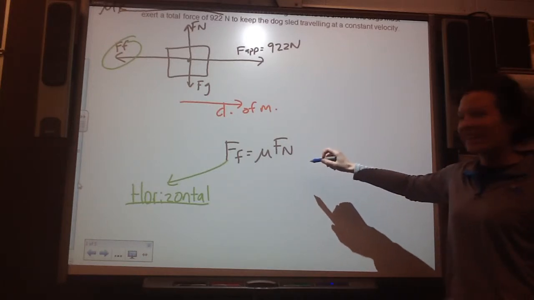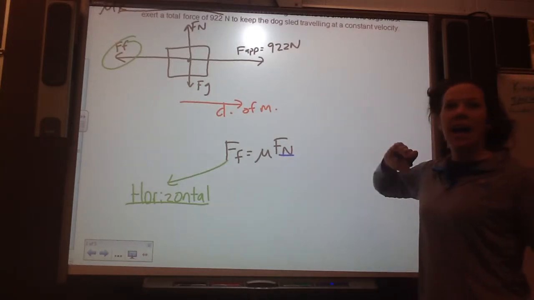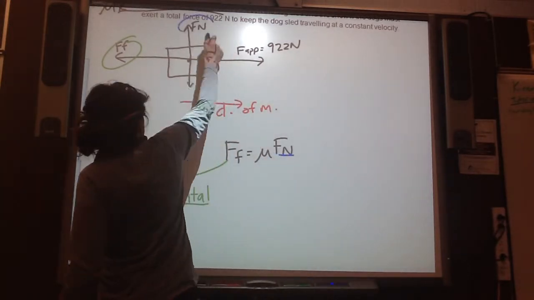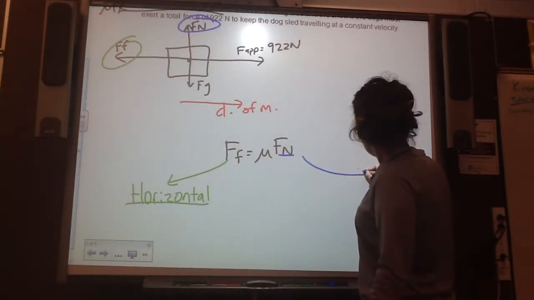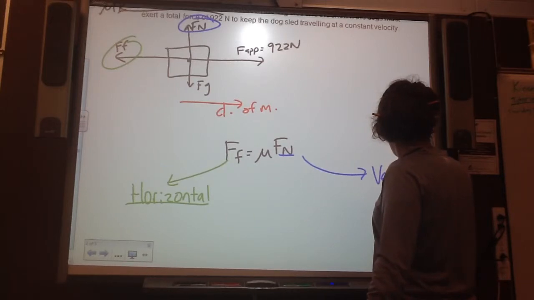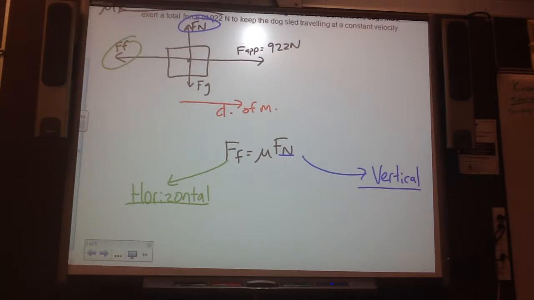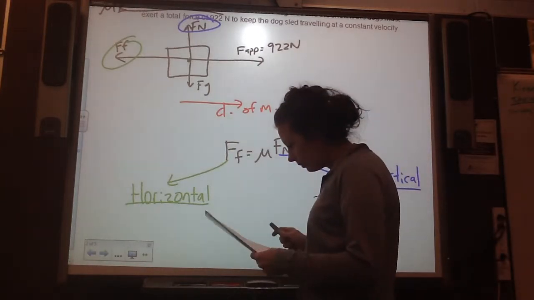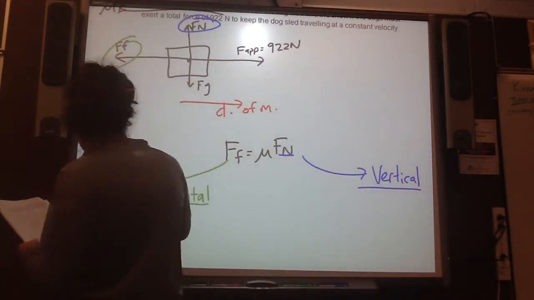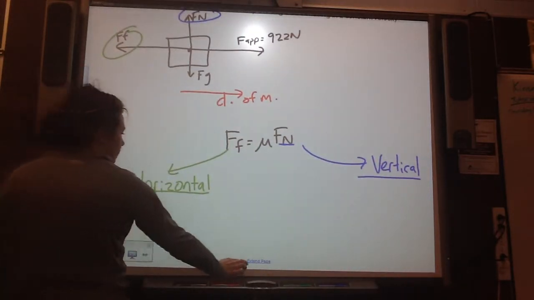Now, in our Fn, look, it's vertical. So we need to break this information up into horizontal and vertical values. So that's really, really important. Okay, so the first thing we're going to do, let's deal with our vertical information.